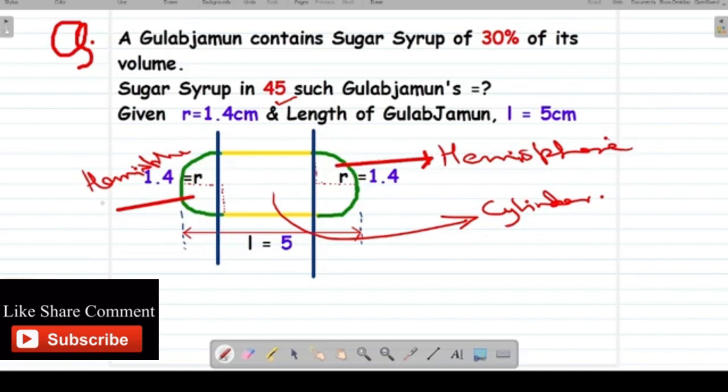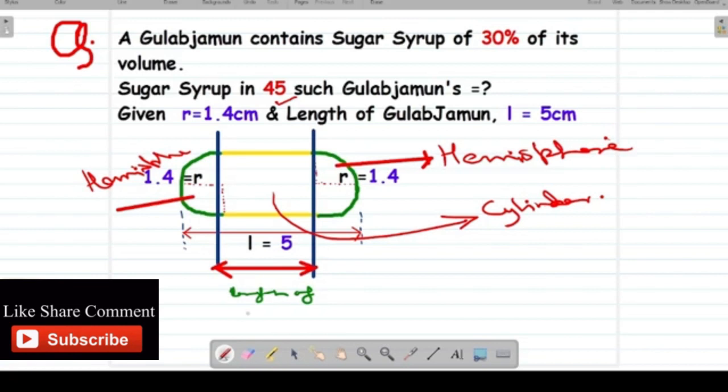First of all, the cylinder lying in between, what is the length of that? This length of the cylinder equals 5 minus these two lengths.